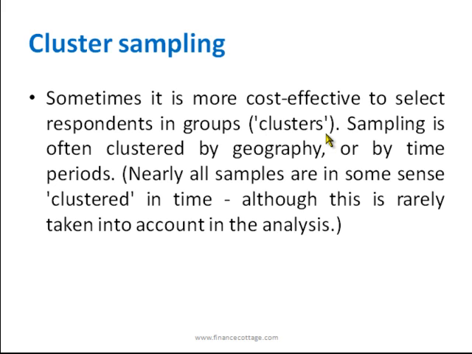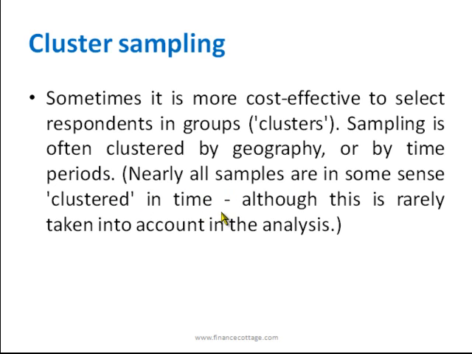Suppose we have 10 clusters in the population, we can randomly select 2 or 3 or 4 clusters out of the total clusters present in the population. This is the method known as cluster sampling. Sampling is often clustered by geography or by time periods, and it is mentioned here that nearly all samples are in some sense clustered in time.